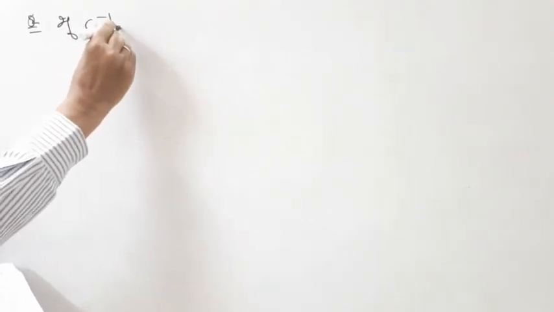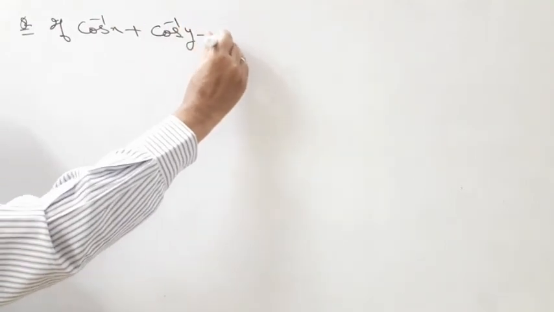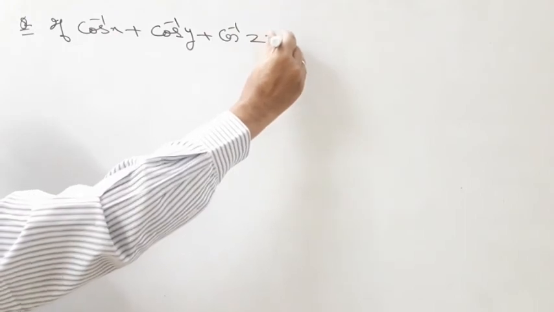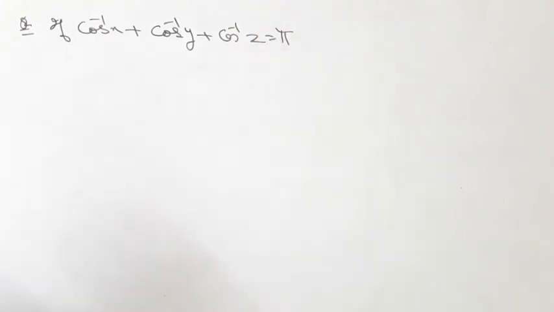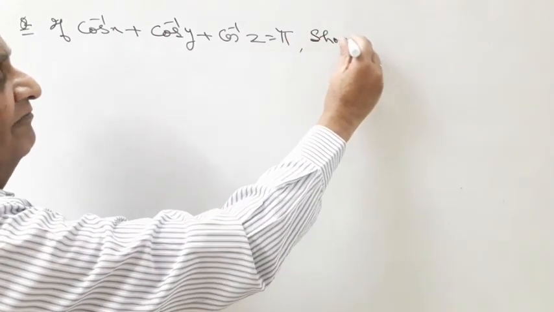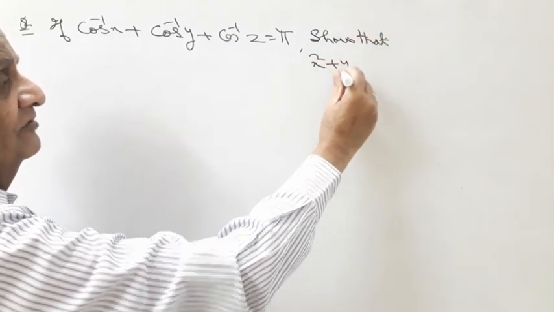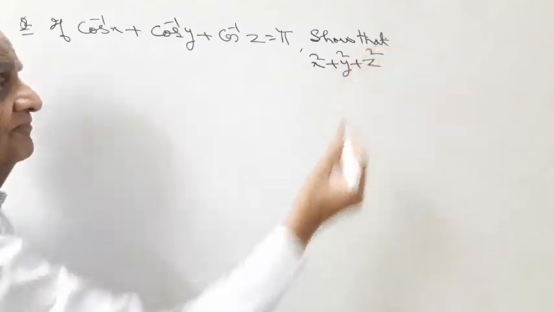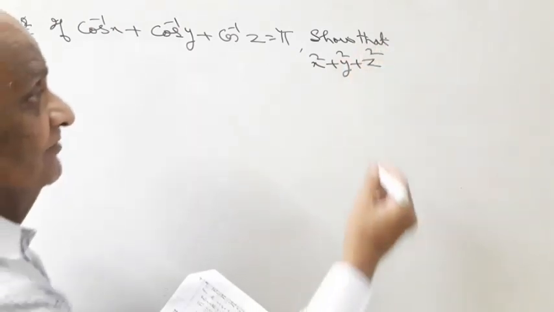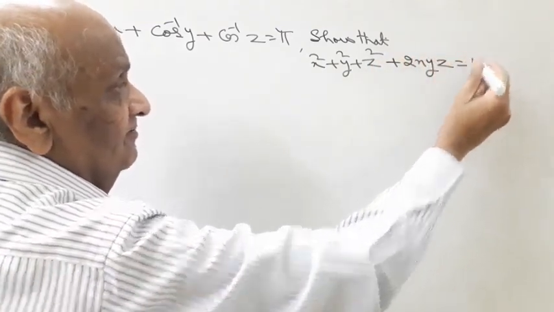Yes, say one more question we add here. If cos inverse of x plus cos inverse of y plus cos inverse of z is equal to pi, check up, show that x square plus y square plus z square plus 2xyz is equal to 1.